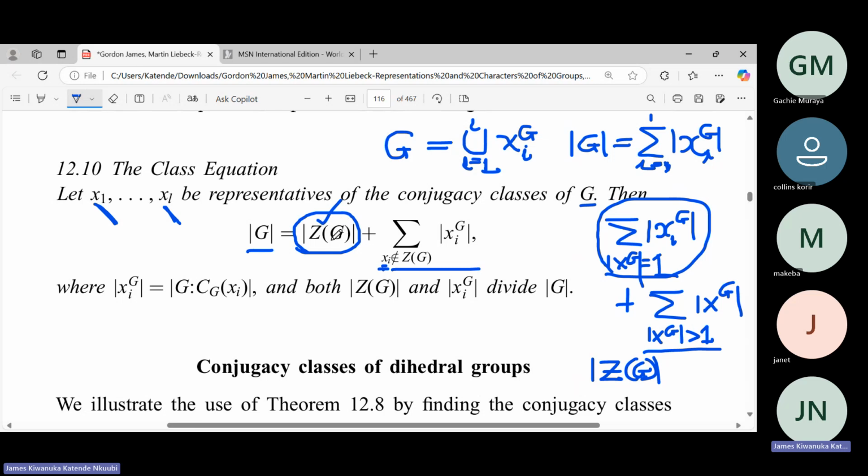The center of a group is a subgroup, so its order must be a factor of the order of G. At the same time, the number of elements in a conjugacy class we have seen earlier is equal to the index of the centralizer of the element in G, and therefore must also be a factor of the order of the group. So each of these terms will be a factor of G. It also gives you some hint on trying to find the different conjugacy classes, because you know their possible sizes.